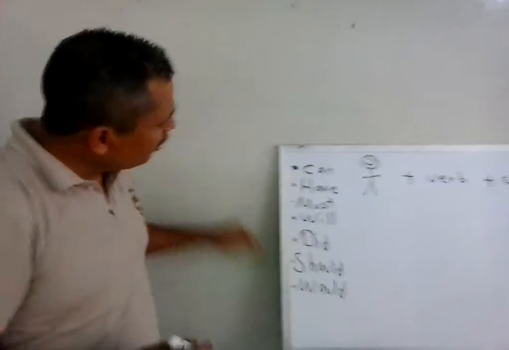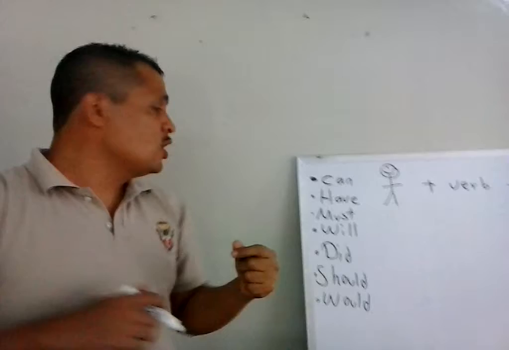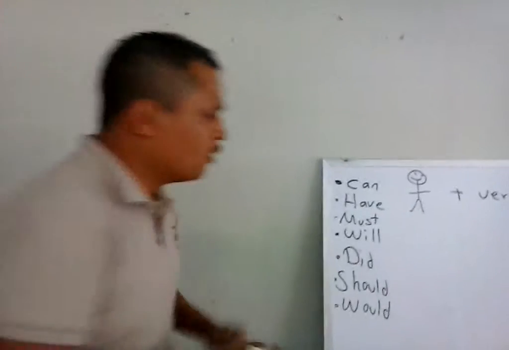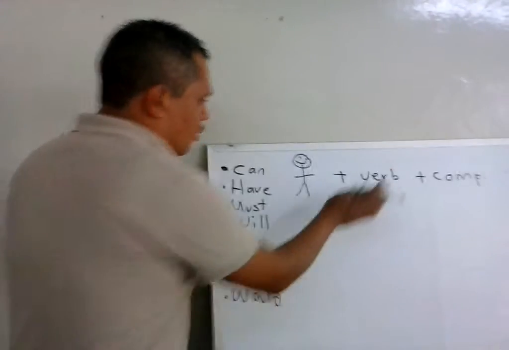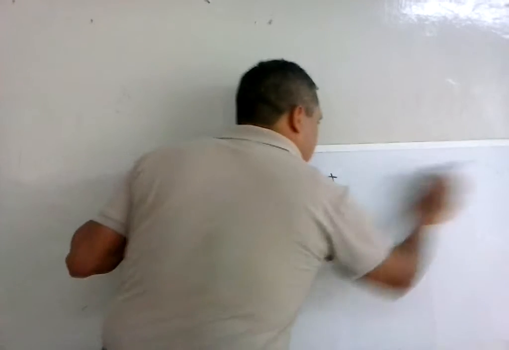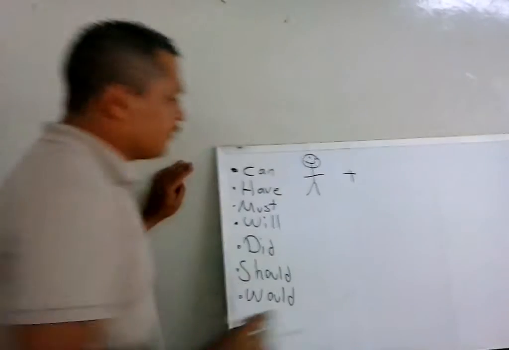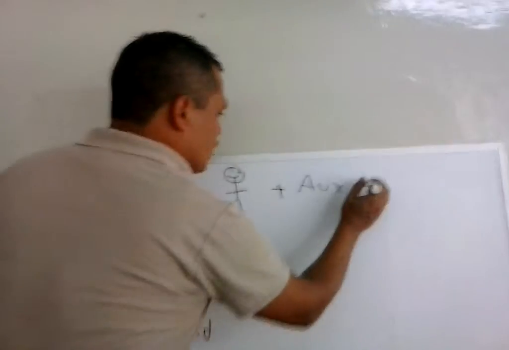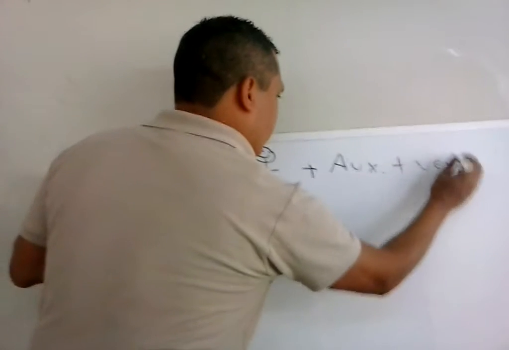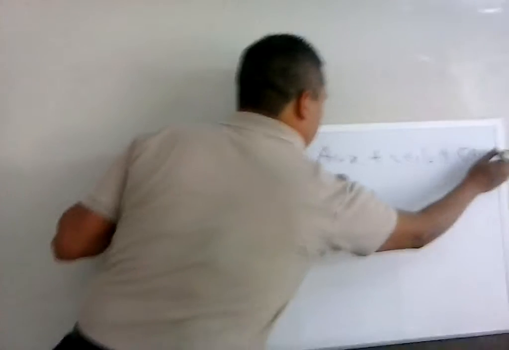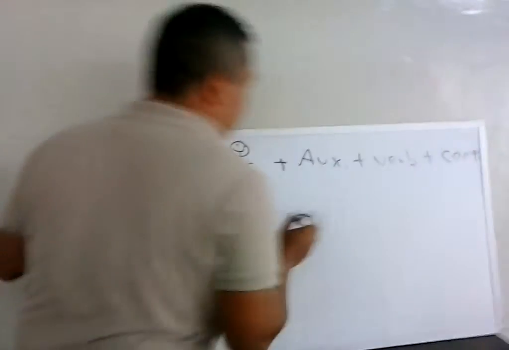But when we have an auxiliary, the situation changes a little bit. The change is not very significant or complicated. We erase this one, and then we have a subject, then the auxiliary verb, then the verb, and at the end the complement.